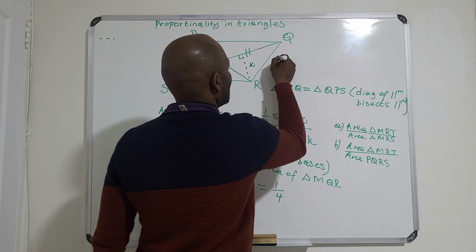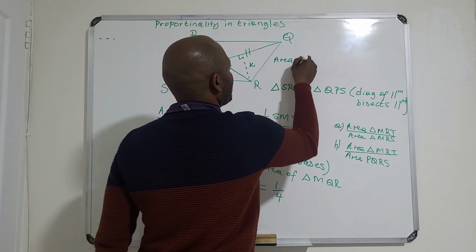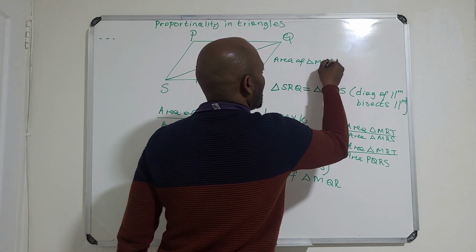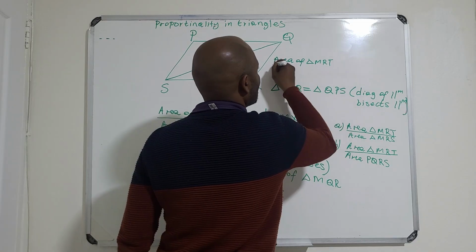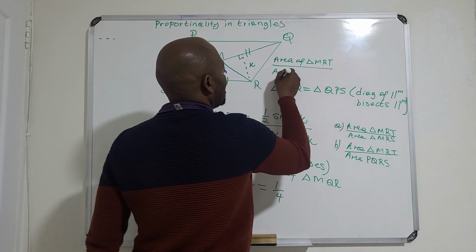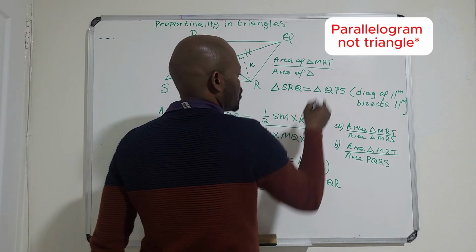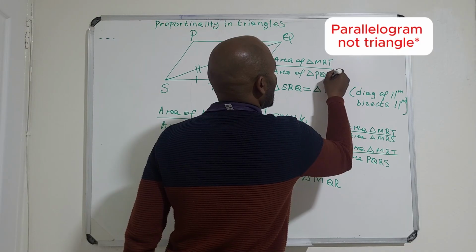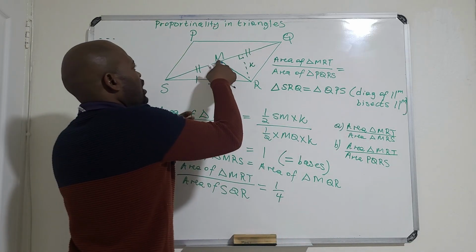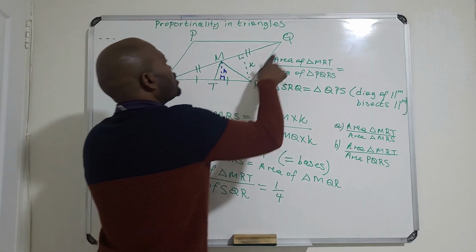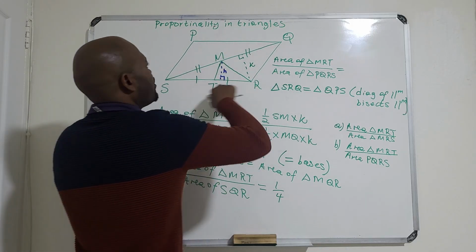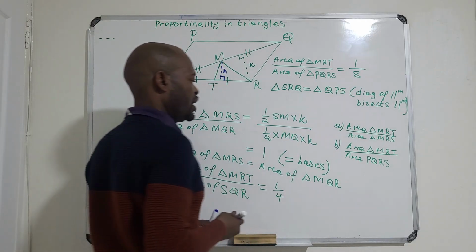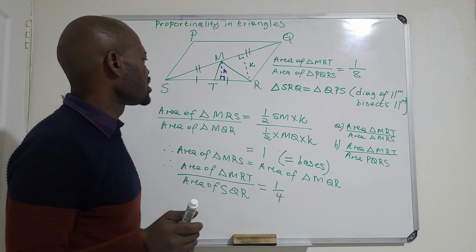Therefore, the area of triangle MRT over the area of PQRS, because there's 8 of these triangles in PQRS, is going to be 1 over 8.